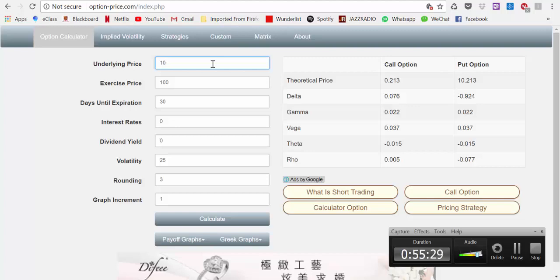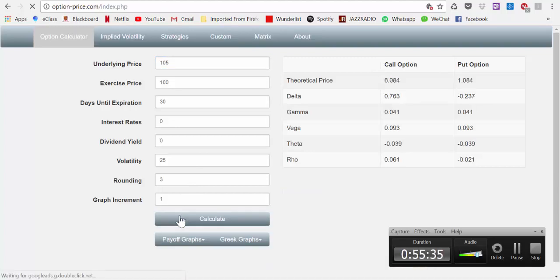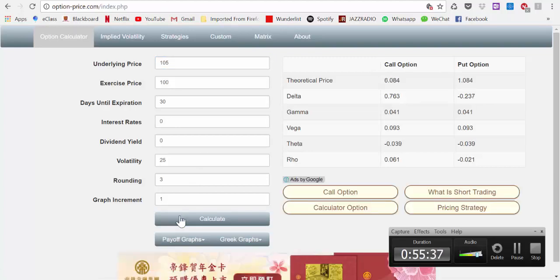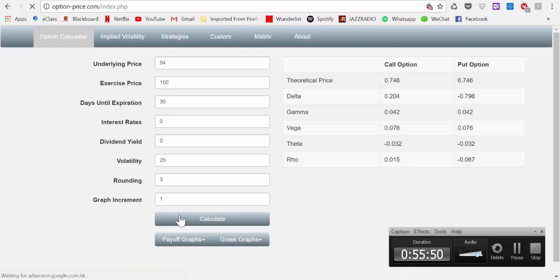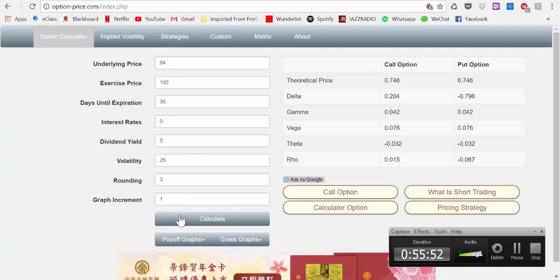When the price of the underlying stock is going up and down, your option value is going up and down, isn't it? So now it's $6. When the price sinks to 94, your option value will sink to 75 cents.